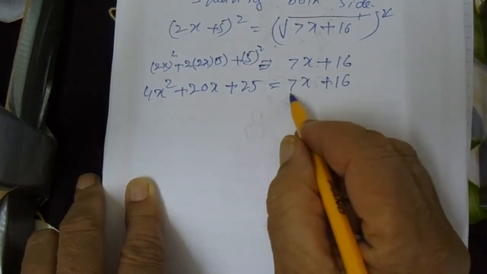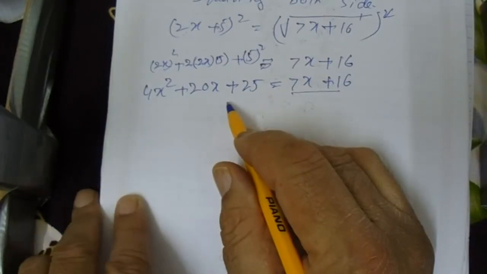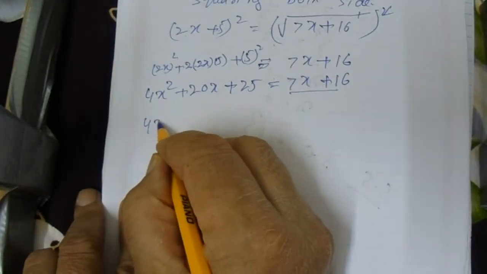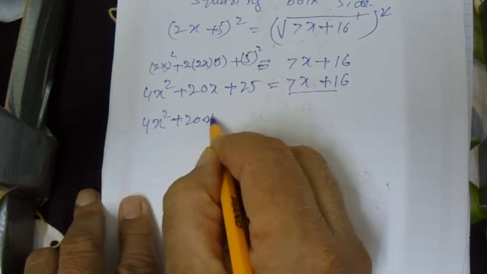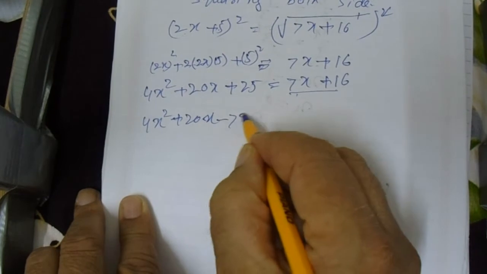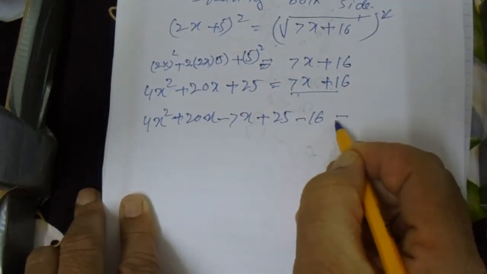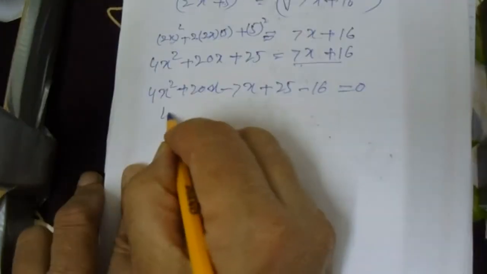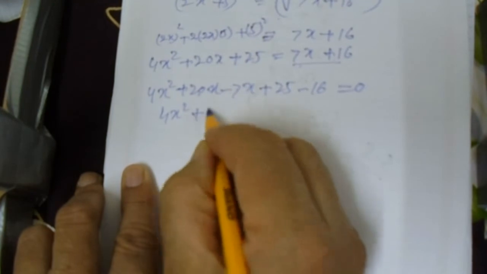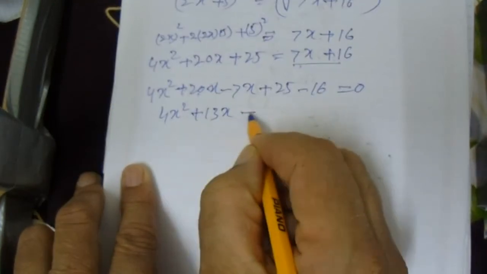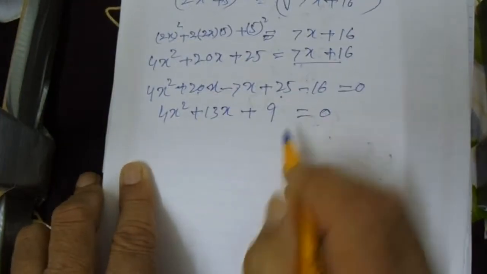And now we take these two terms and move them to the left side, and again we write 4x square plus 20x minus 7x and plus 25 minus 16 is equal to 0. Now 4x square plus 20 minus 7, we write 13x, and 25 minus 16 is 9, is equal to 0.